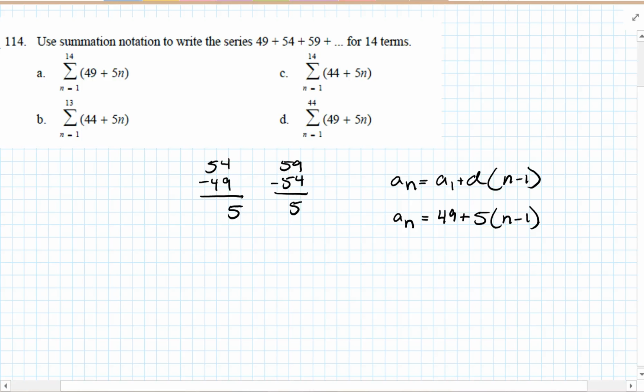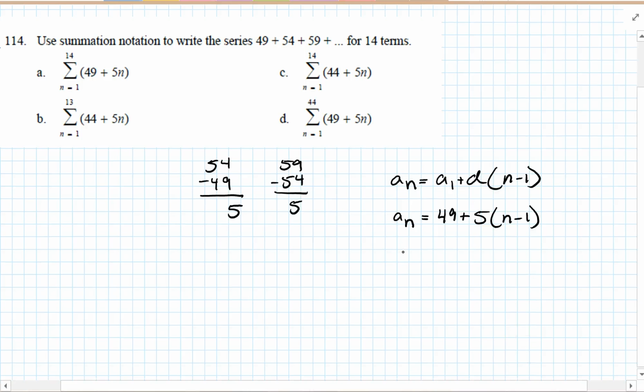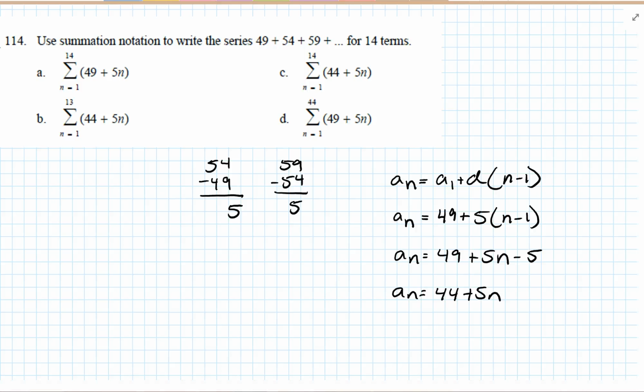Distributing the 5, we get a of n equals 49 plus 5n minus 5. Combining like terms, a of n equals 44 plus 5n. For summation notation, we need the explicit form.